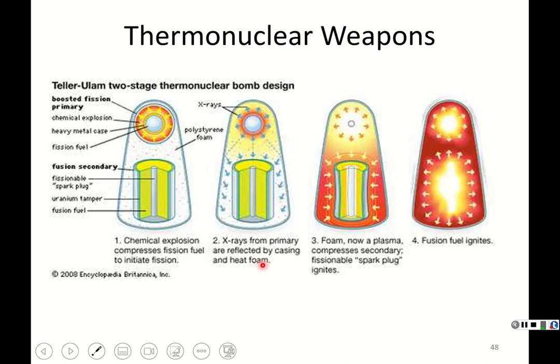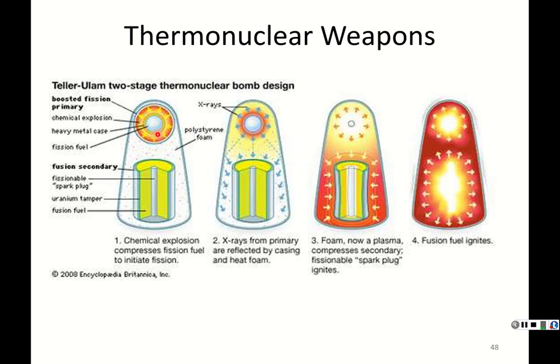Today's weapons are a lot more advanced and a lot more powerful. They use what was sort of the second design for fission bombs, where you have an implosion that smashes a plutonium sphere on itself and creates the critical mass of the plutonium in fission.